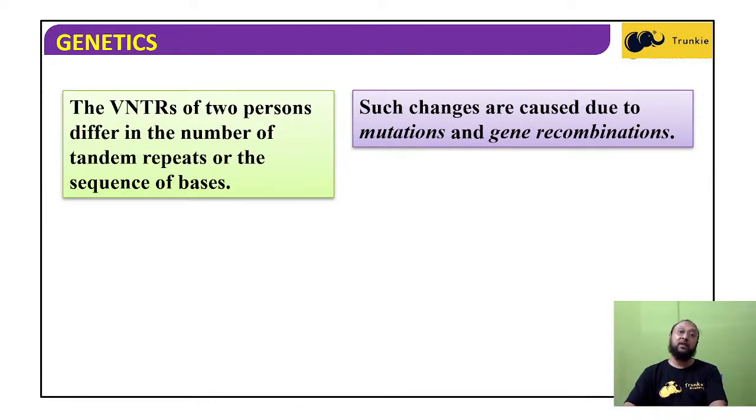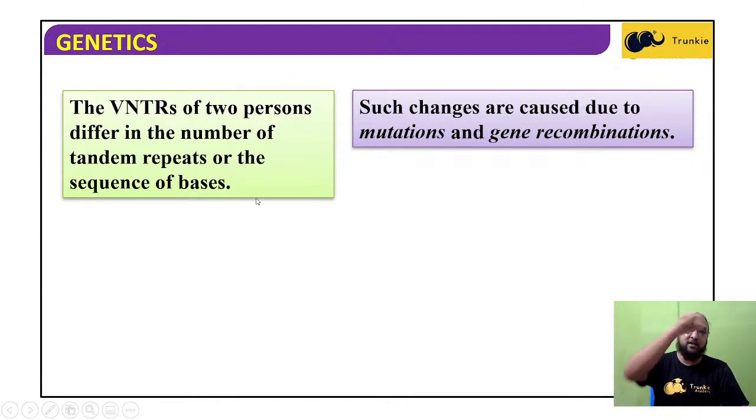So the VNTR of two persons differ in number of tandem repeats, such as GATC, then GATC, how many times and how frequently they occur, and how the sequence is arranged. That is called the VNTR, variable number of tandem repeats, and it forms the basis for DNA fingerprinting.